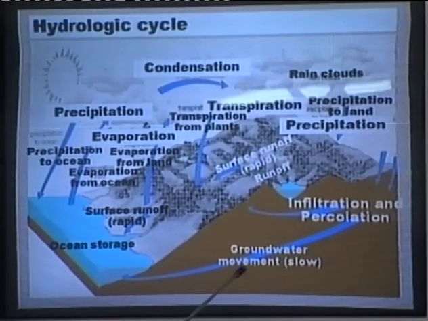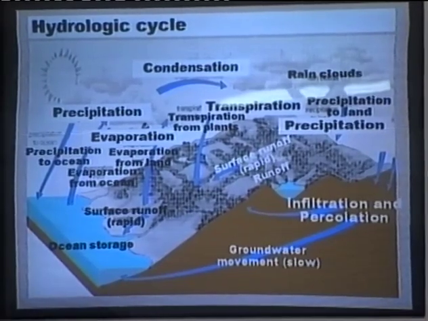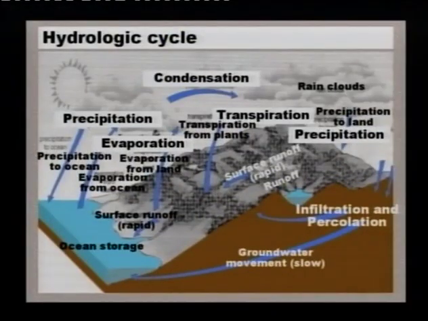From the groundwater, it moves under the ground up to the sea. So that's the main stages of water cycle: from evaporation, the first stage, to condensation, and from condensation to precipitation, and precipitation to the runoff on the surface or in the ground, which is the groundwater.